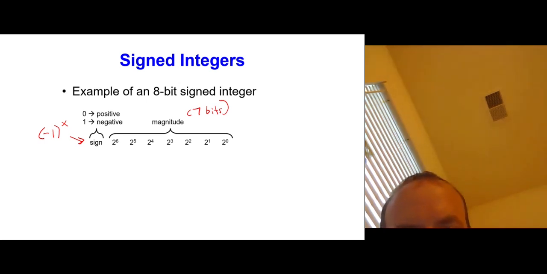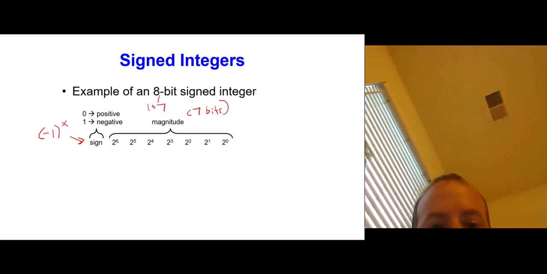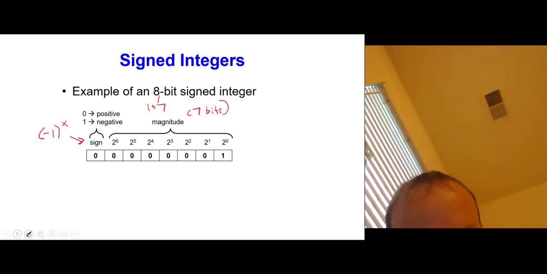And that together, the information for the sign and the magnitude is going to combine to be an 8-bit, or 8 pieces of information being saved, in order to store an 8-bit signed integer. Okay, so let's take a look at a few example numbers here.